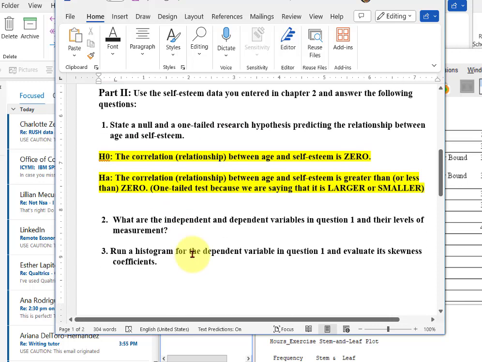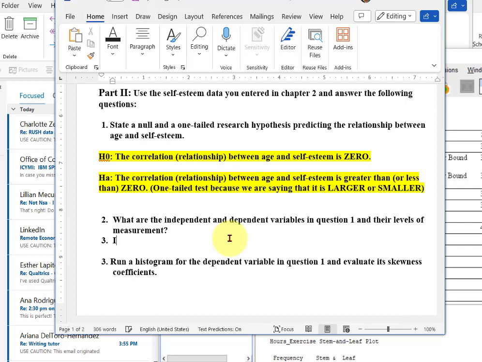Okay. So what are the IVs and DVs in question 1 and their levels of measurement? So the IV is age, because that's what we believe is predicting self-esteem, and the DV is self-esteem because that's what we think changes over age.